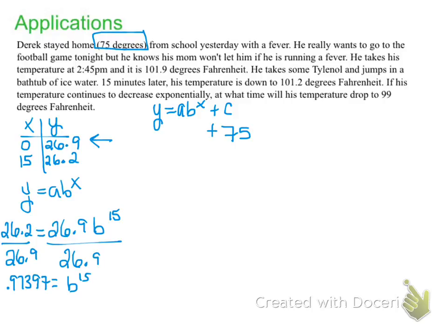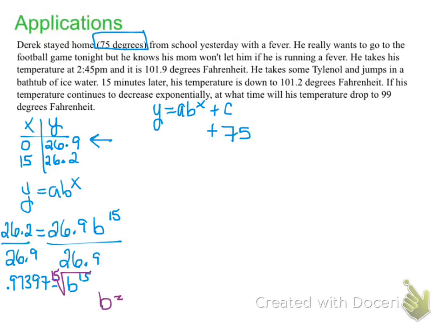The next thing that we're going to do is take the 15th root of both sides to get our b value by itself. And to do that on your calculator, remember you're going to type in 15 and then hit the math button and scroll down to, I believe it's number 5, where you have x and then the radical symbol. And then go ahead and type in that decimal value that we have on the left side.